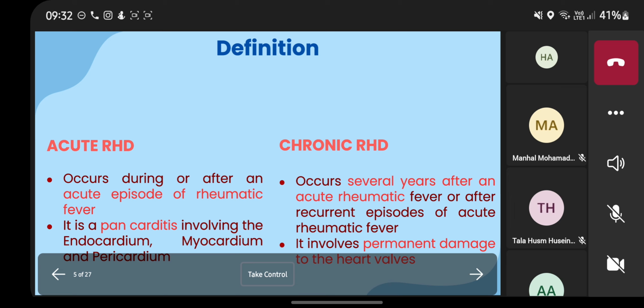The chronic phase occurs several years after acute rheumatic fever, after a couple of episodes. At this stage, there is permanent damage to the heart valve, and it can no longer be repaired or prevented by medications.